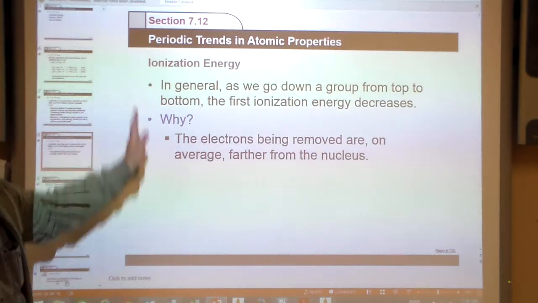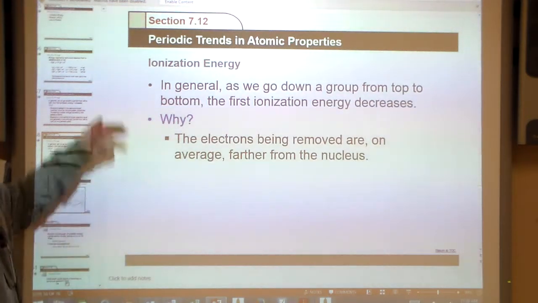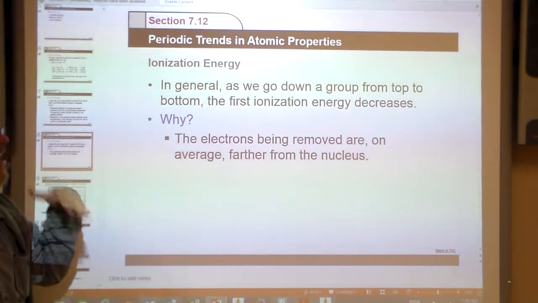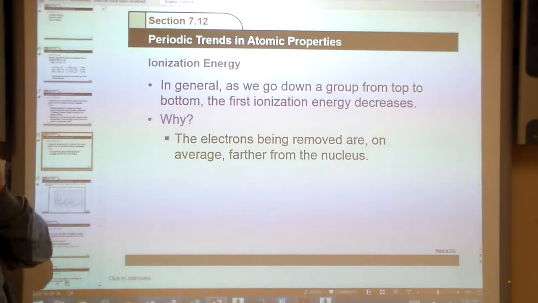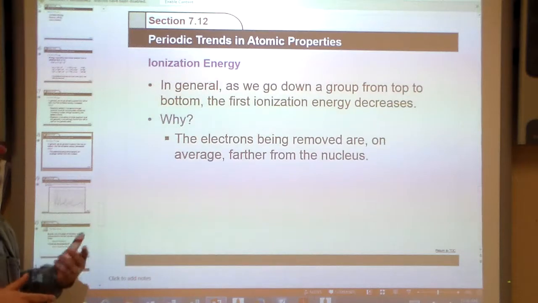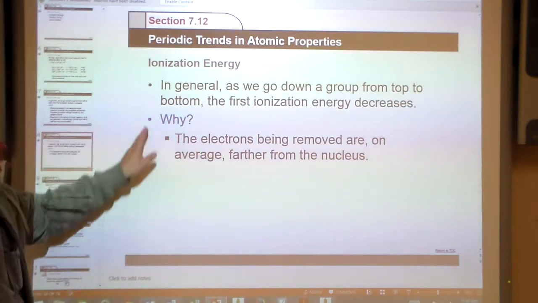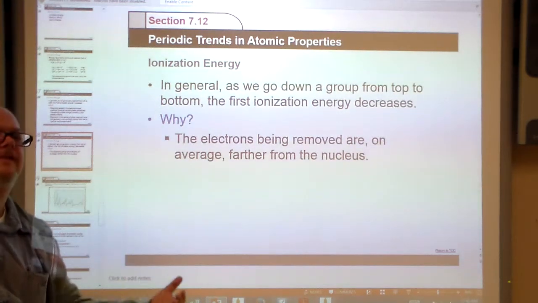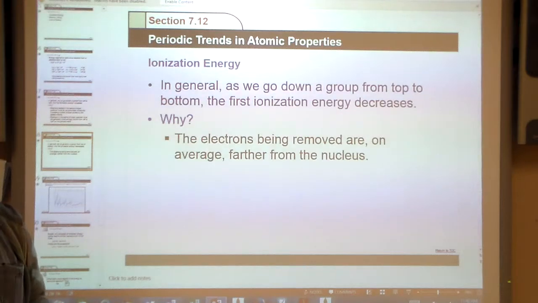If we're going top to bottom, as you're going from top to bottom, that first ionization energy actually goes down. Why is that? It has to do with the fact that when you go down a column, the atom gets larger in size. That means the first electron is further away from the nucleus, and it's a lot easier to remove that one electron away from the nucleus of that atom.